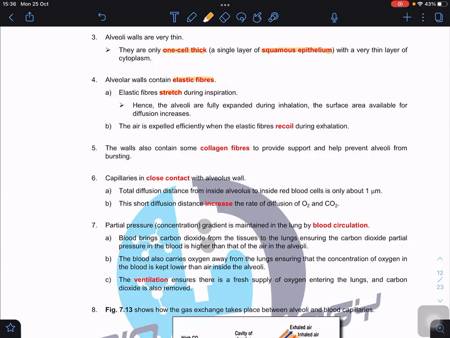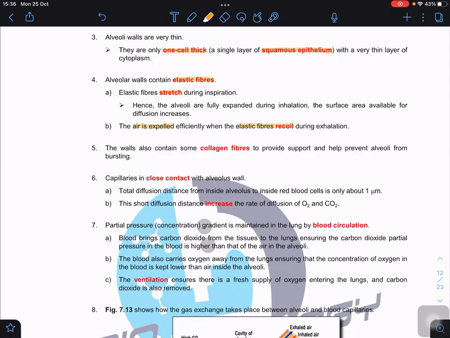And very importantly, to expel the air, this elastic fiber has to recoil during exhalation. So inhalation expands our alveoli, making the surface area even larger for diffusion to take place, and the recoil of this elastic fiber allows us to force out the air.